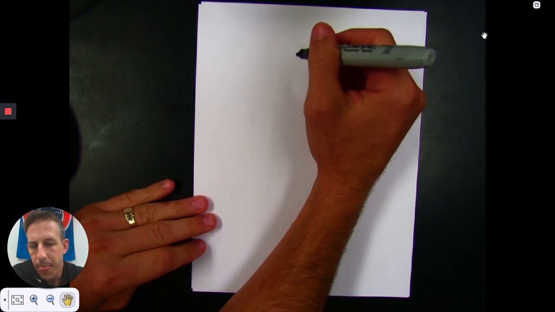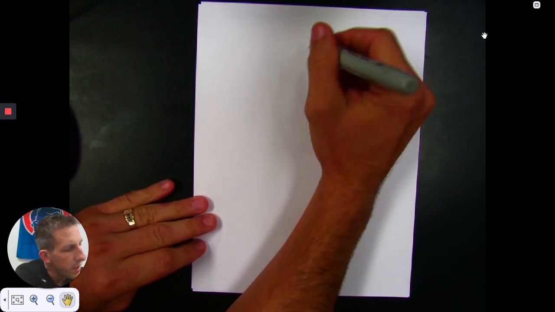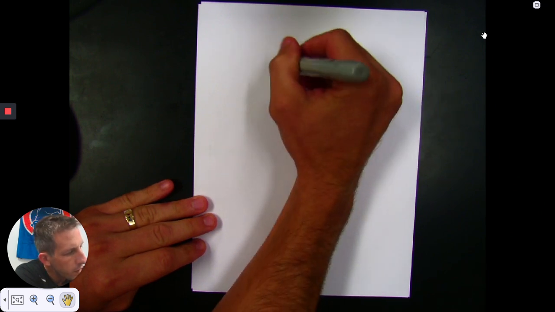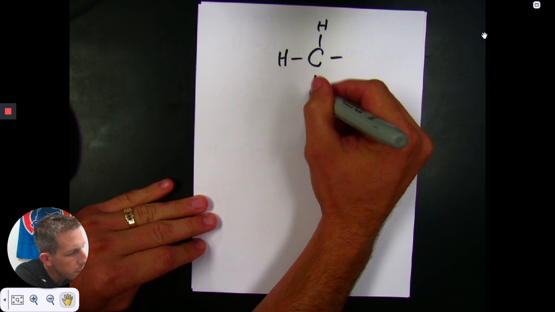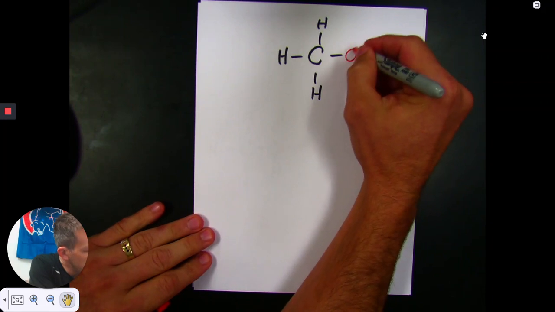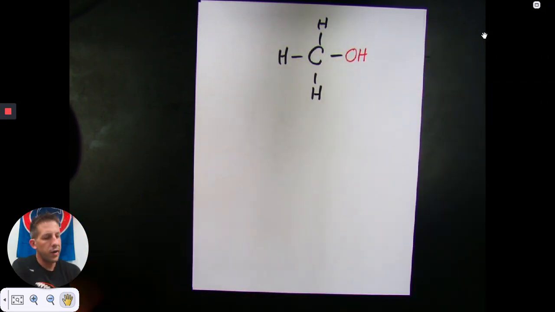All right, and what I'm going to do, I'm going to change an element that each of these is attached to. Okay, so I'm going to add all H's here. And for this one, I'm going to put OH. That's a functional group. Okay, we'll talk about what that functional group is in a minute.